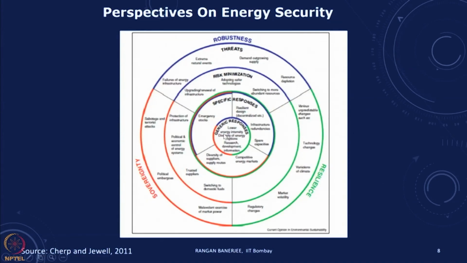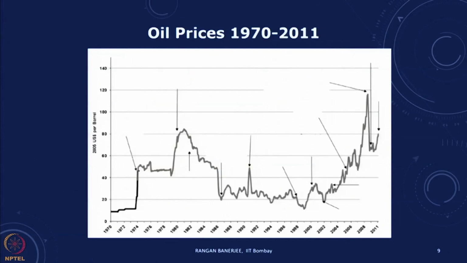If we want to talk about the energy security of any particular country, one of the indicators we can use is to see what percentage of our supply comes from outside, as against domestic supply.